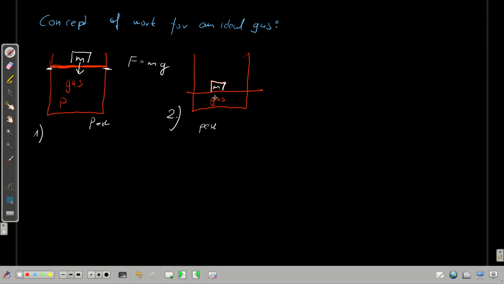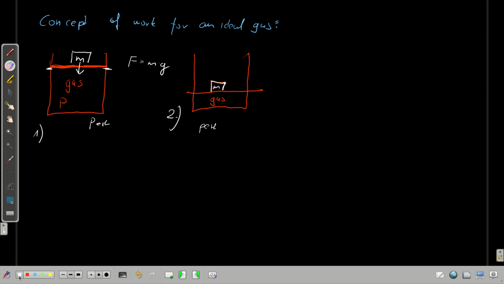Now we know that the work can be calculated with the height difference. Forget about the minus right now, I'll explain this later.